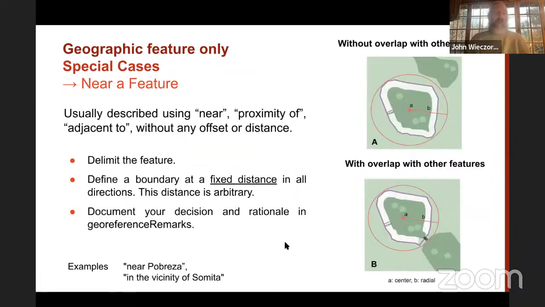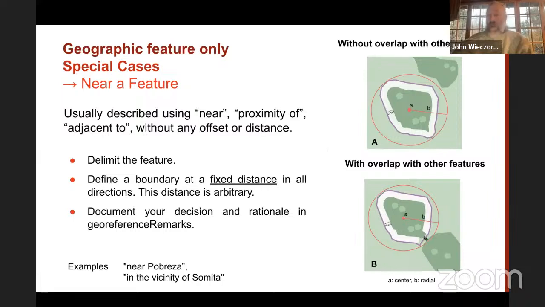Then we get into the situation where somebody didn't know any better and described a place as near a feature. You'll find these. Other ways that you might see it are the proximity of, or adjacent to, or any other kinds of qualifiers about the place. The only way we can really deal with that is to make some assumptions and define some distance around the feature itself that means near.